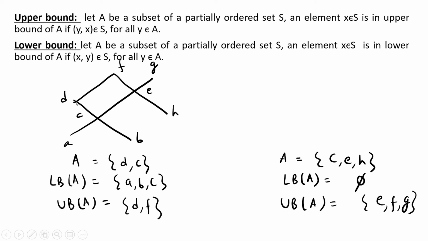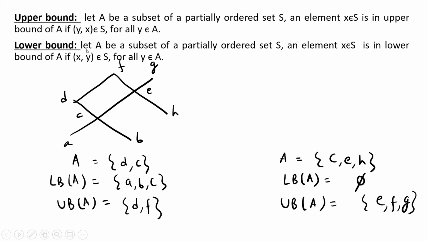So D is related with D, C is related with C. So C is related with D and D is related with F for all y in A. So D is related with D and D is related with F and C is related with D also. So here D will be in the upper bound because C is related with D and D is related with D itself. So D and F are the upper bounds of {D, C}.